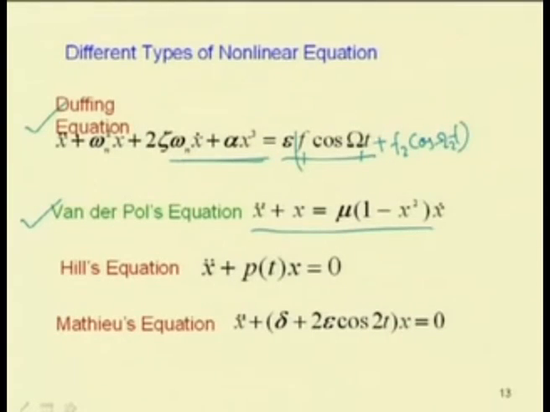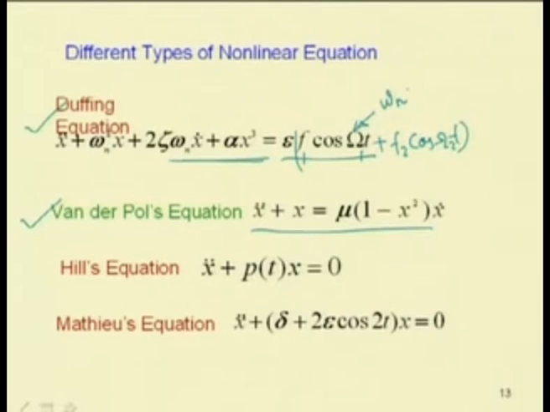In case of a linear system, when the equation is x double dot plus omega n square x plus 2 zeta omega n x dot equal to f1 cos omega 1 t, you can find its response to be x sin or x cos omega t. Resonance occurs when the excitation frequency omega 1 becomes equal or nearly equal to the natural frequency of the system.